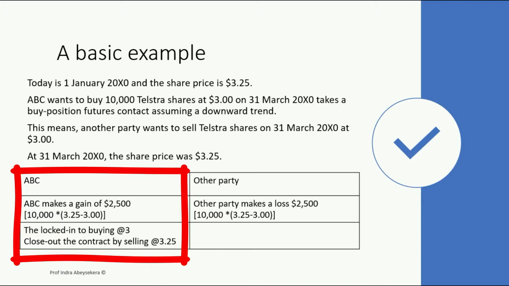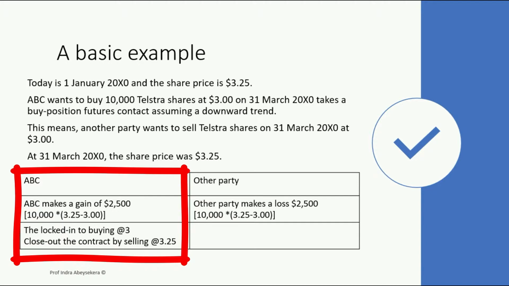but it doesn't really have shares. So it's closing out the contract by selling shares, which is $3.25. So it buys shares because it now can buy shares at $3. It will now sell the shares at $3.25 to close out the contract.